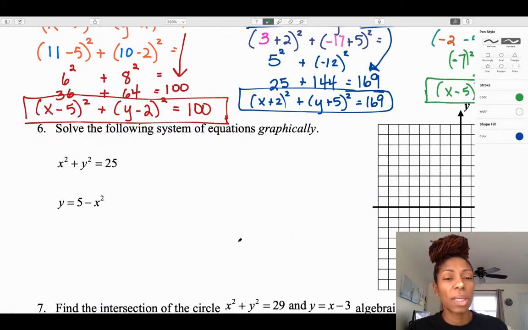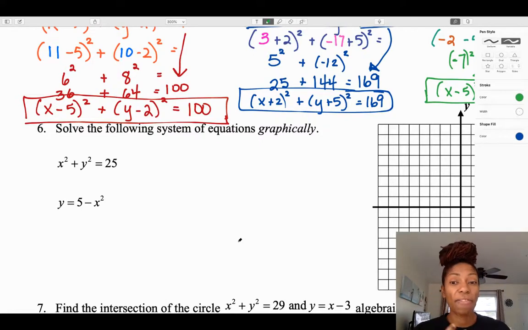Solve the following system of equations graphically. So solving a system of equations, that means we have to find the values of x and y that make both equations true. How do we do that graphically?